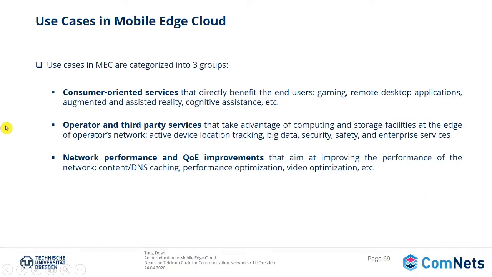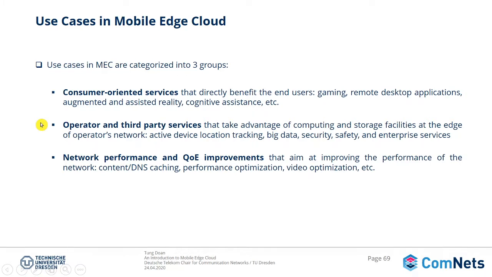So the use cases in MEC can be divided into three groups. The first group is the consumer-oriented services, so it can directly benefit the end user. There are some applications such as gaming, remote desktop applications, augmented and assisted reality, cognitive assistant.